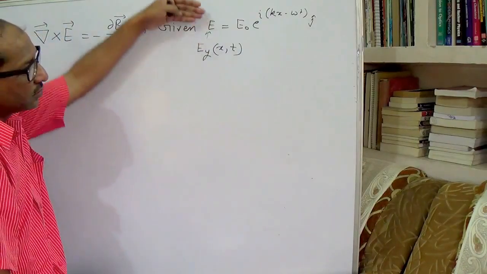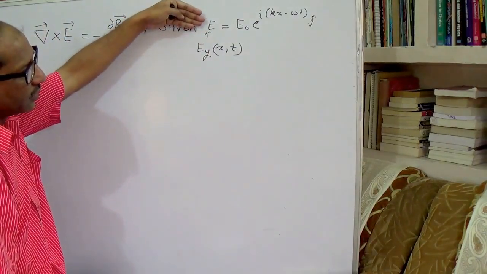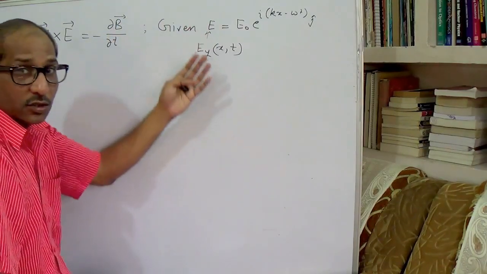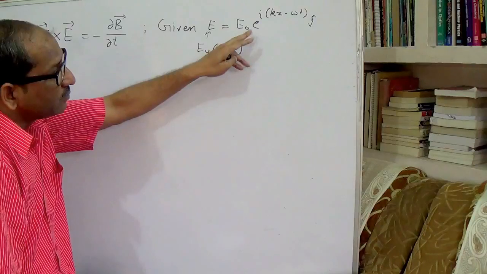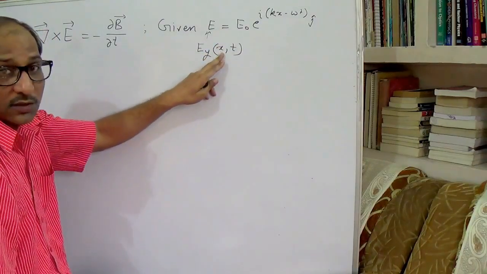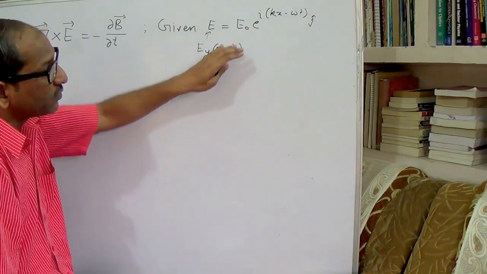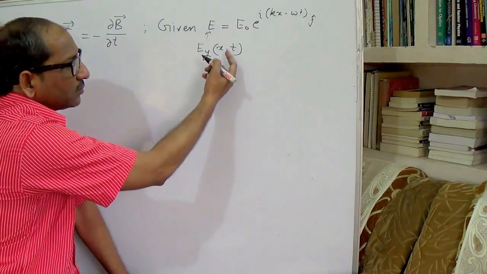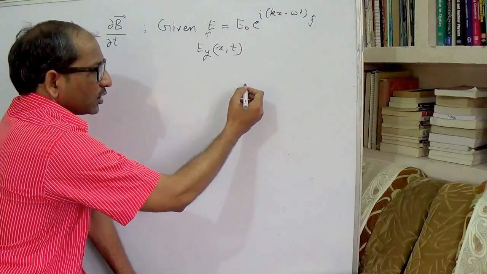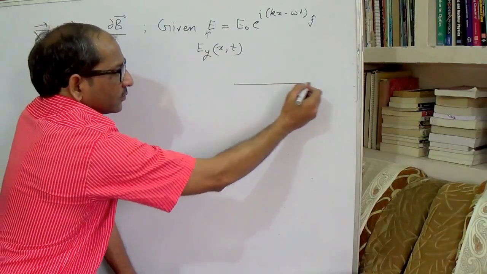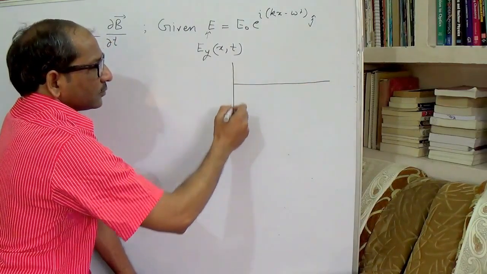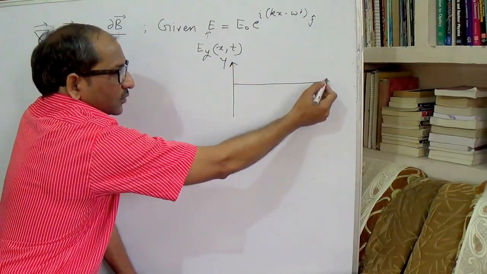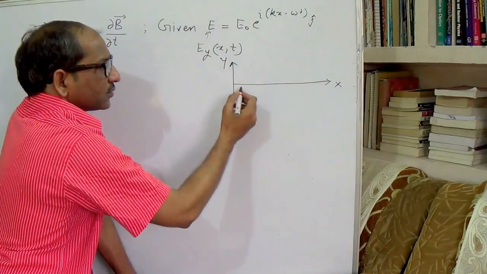This electric field component shows that the EM wave is propagating along the x direction, so one can find the electric field component at any time t. Suppose this is the y-axis and this is the x-axis.